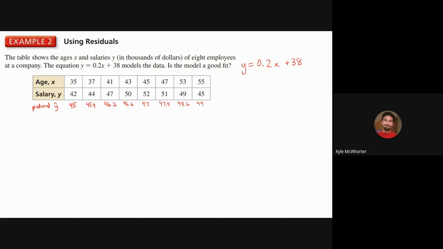So now we're going to come through and do our subtraction. We're going to subtract 42 minus 45, so that would be -3. And we're going to need to make a plot here. We're going from 35 to 55.